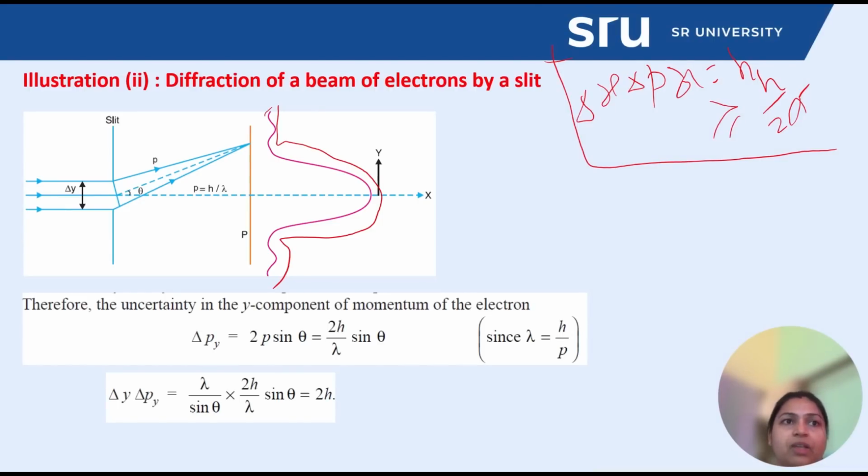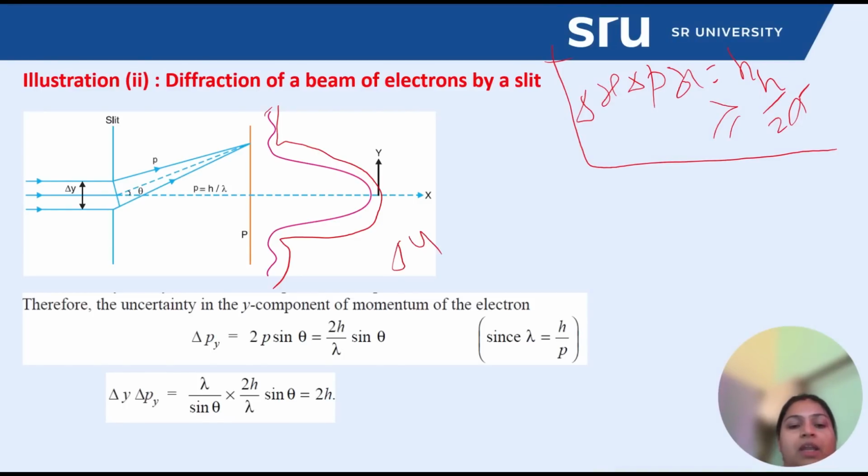We can say only that the electron must have passed through the slit and cannot specify its exact location in the slit as the electron crosses, and hence the position of any of the electrons recorded on the plate is uncertain by an amount equal to the width of the slit, let us say delta y.